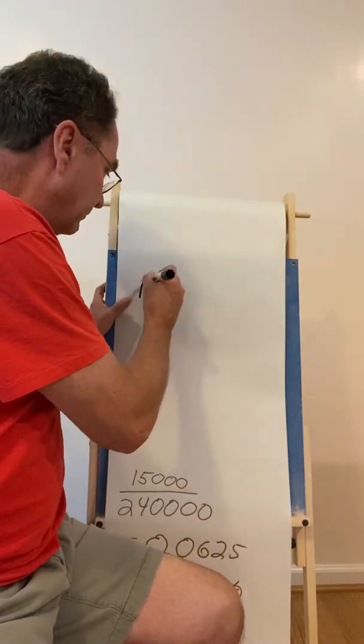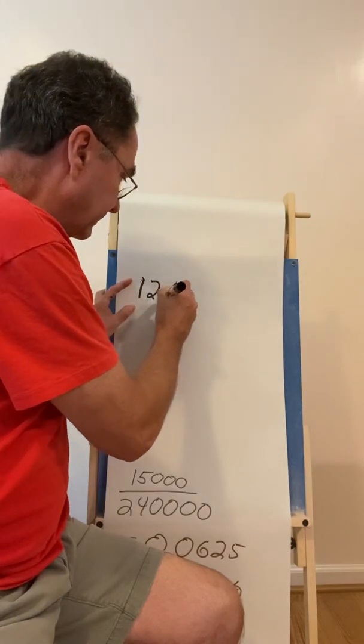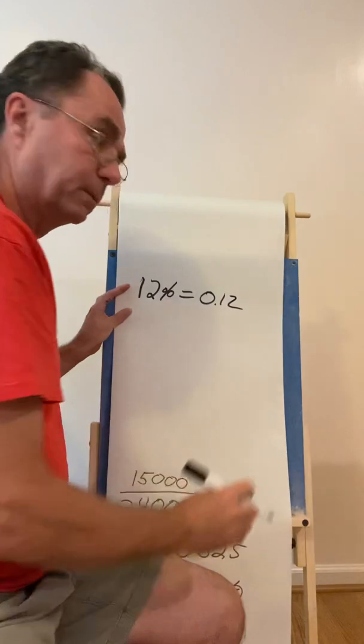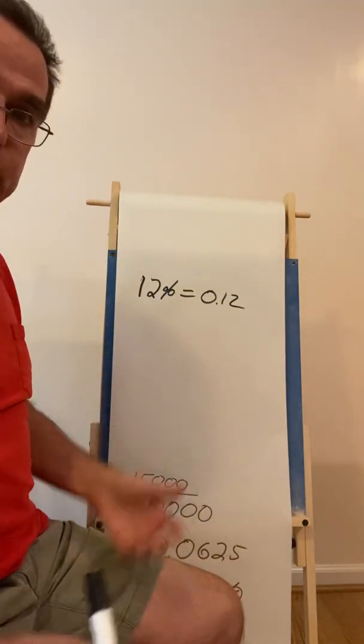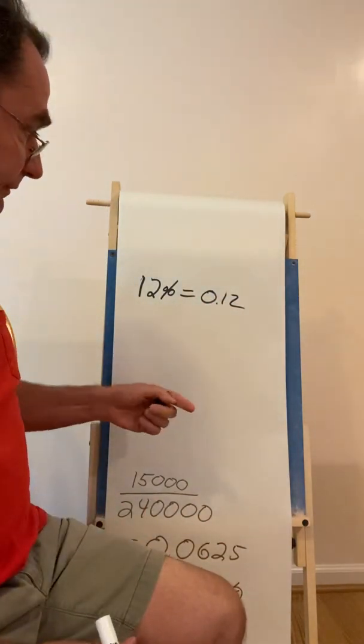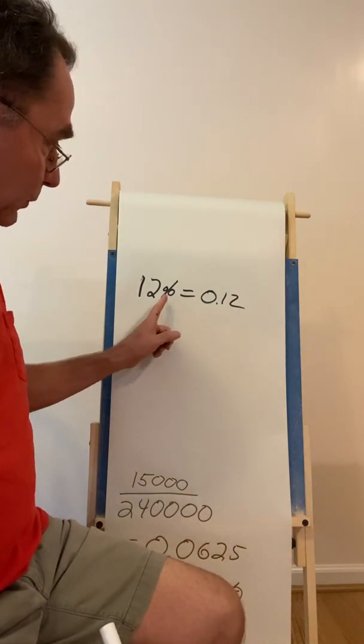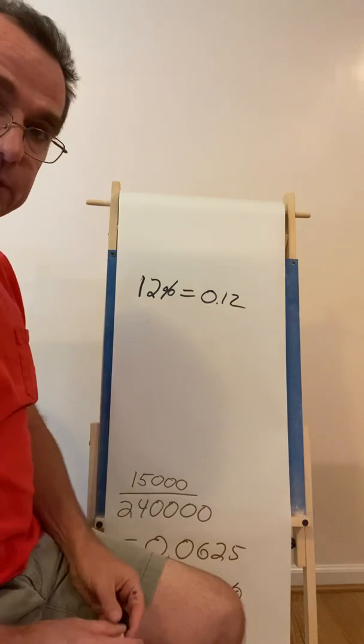Well, 12% is the same thing as 0.12. Percents and decimals are just two ways to write the same number. Previously, we moved the decimal 2 to the right. Now we moved it 2 to the left to make it into a decimal.